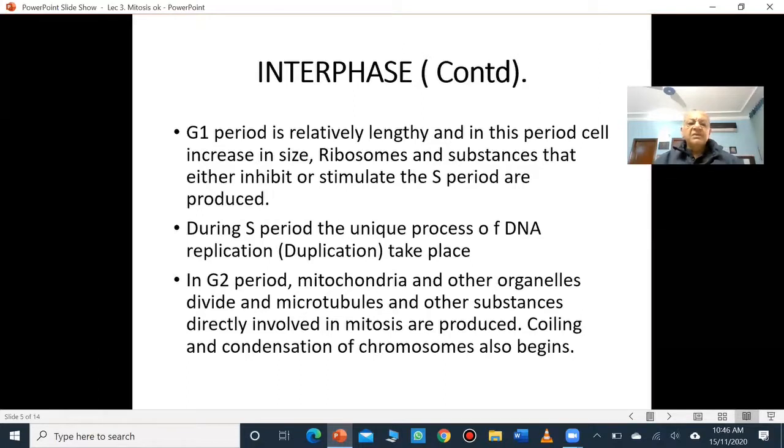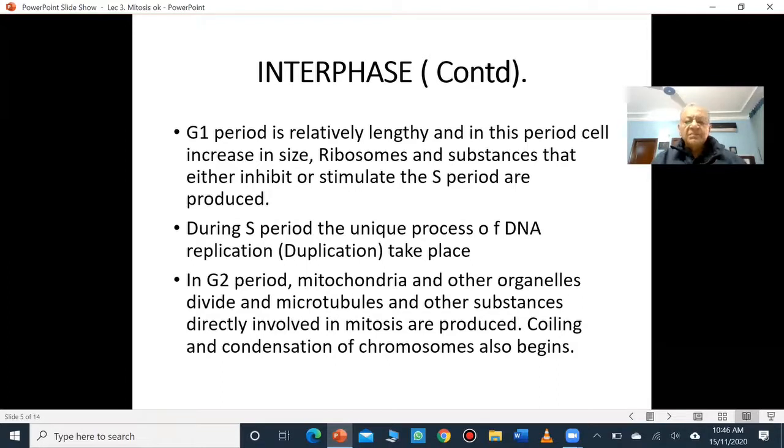G1 is a relatively lengthy period, and in this period the cell increases in size, and ribosomes and substances that either inhibit or stimulate the S period are produced. During the S period, the unique process of DNA replication, or duplication, takes place. This is very important because without this replication of DNA, division of the nucleus is not possible.